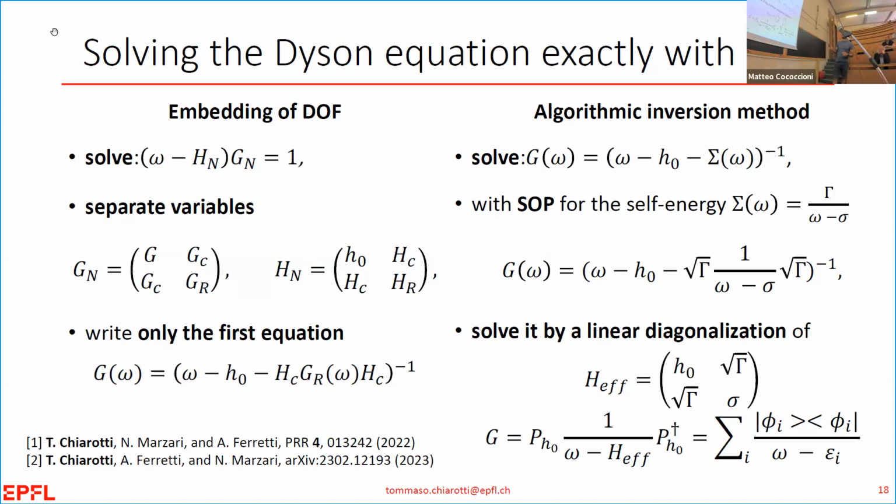Fine. You just rewrite the self-energy in this way, you see? Okay. Now this looks pretty similar to this. It's actually formally the same. And you know how to solve this nonlinear equation. You need to build up this Hamiltonian, right? Exactly.